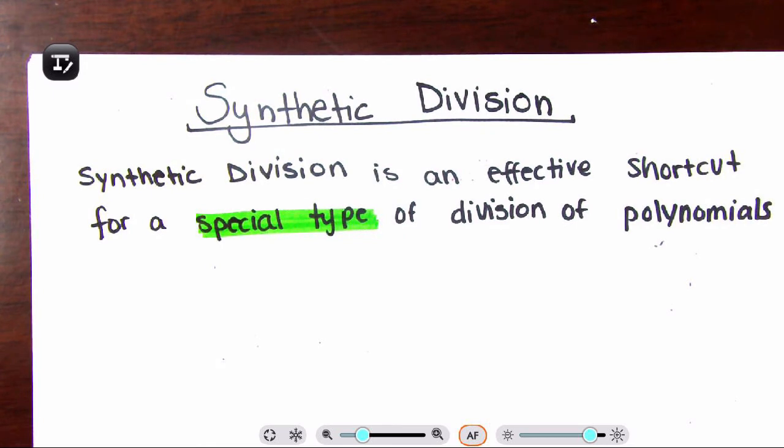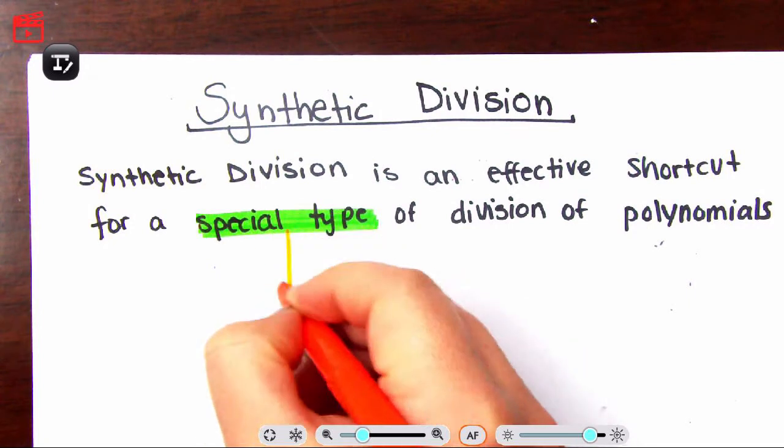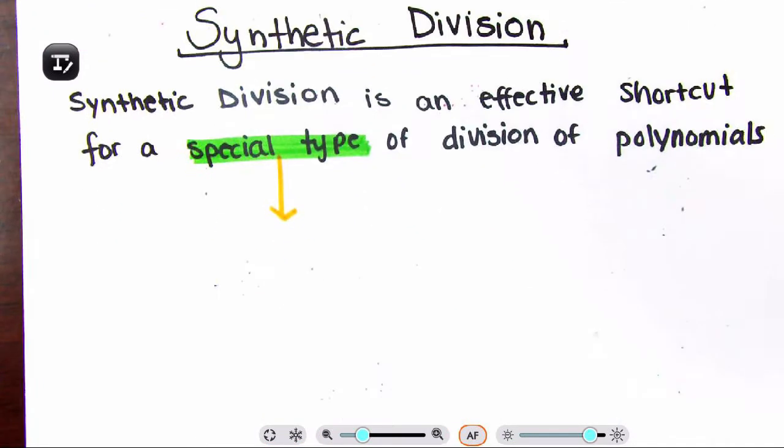All right, synthetic division is an effective shortcut for a special type of division of polynomials. So here's the thing. You can't use synthetic division unless you have one particular thing, a special type. Now, what is this special type?